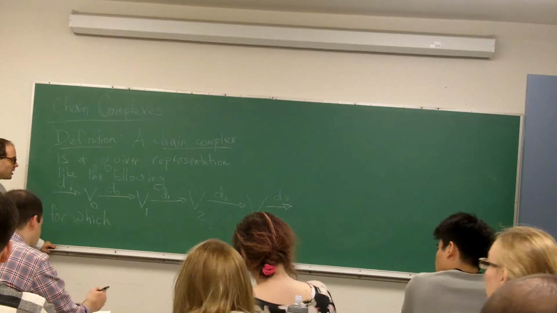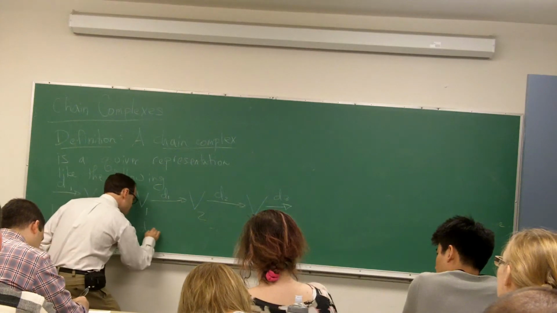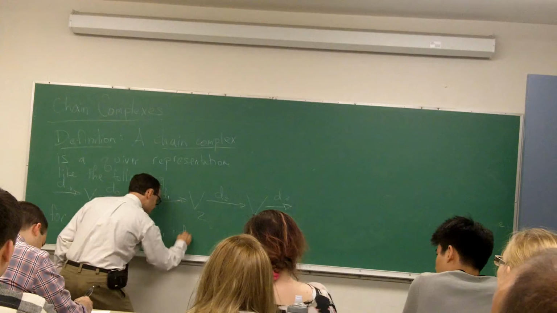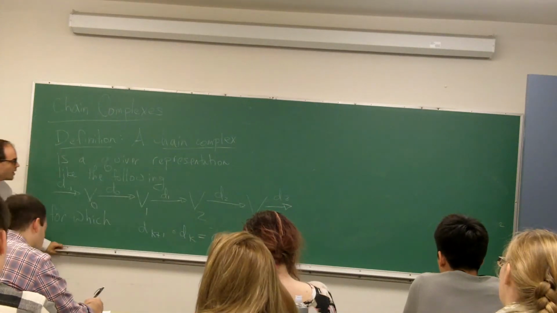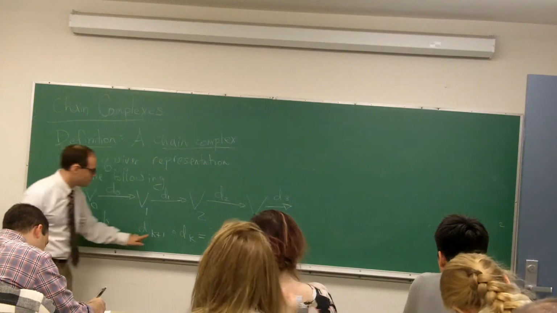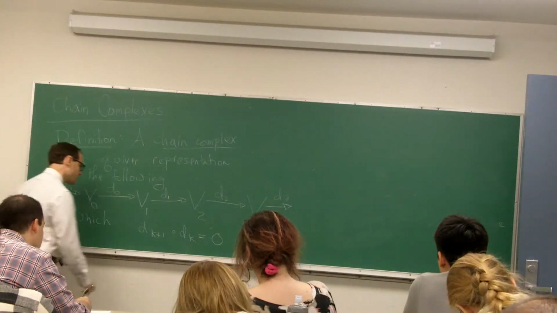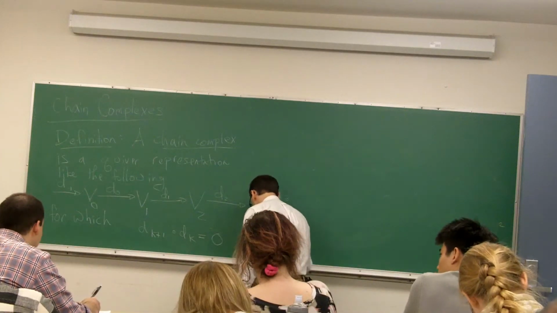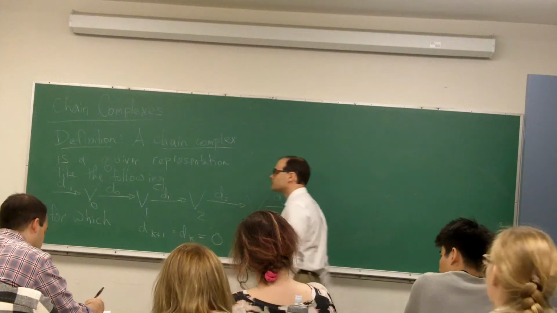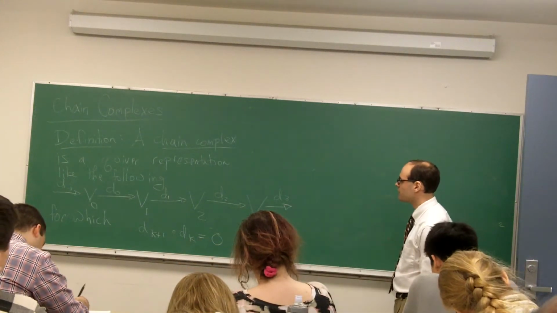In particular, if I compose two consecutive maps, one after the other, I get 0, everywhere along this complex, everywhere along this diagram.